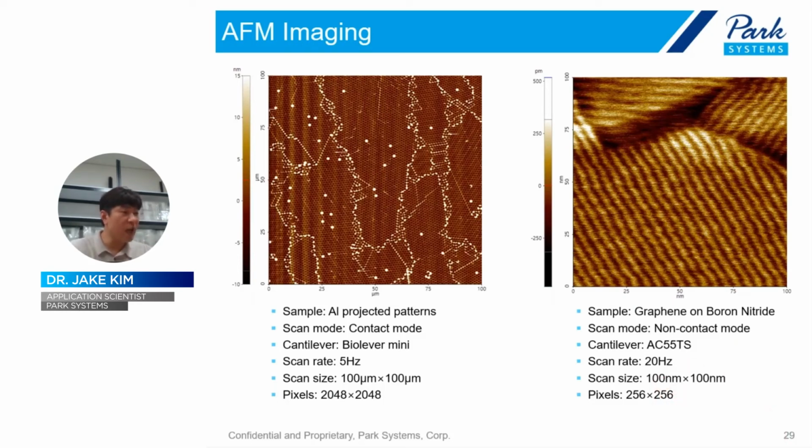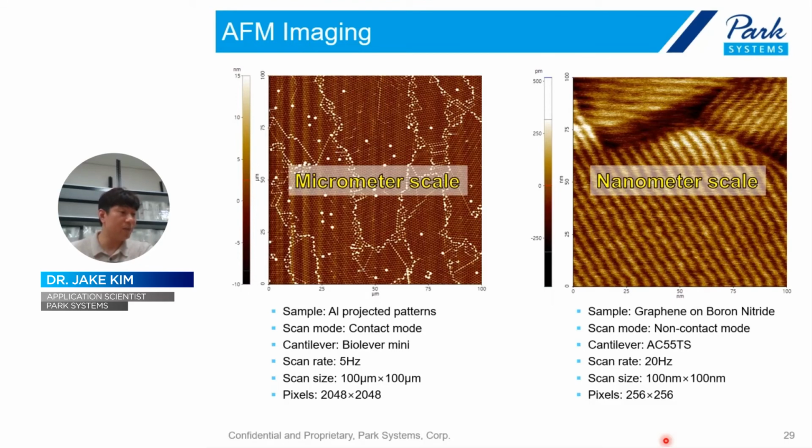Like this, using AFM, we can obtain surface topographical information very clearly, at both micrometer and nanometer scale. Depending on your sample type, you can choose your imaging size. Then you can see your sample surface very clearly and very easily.